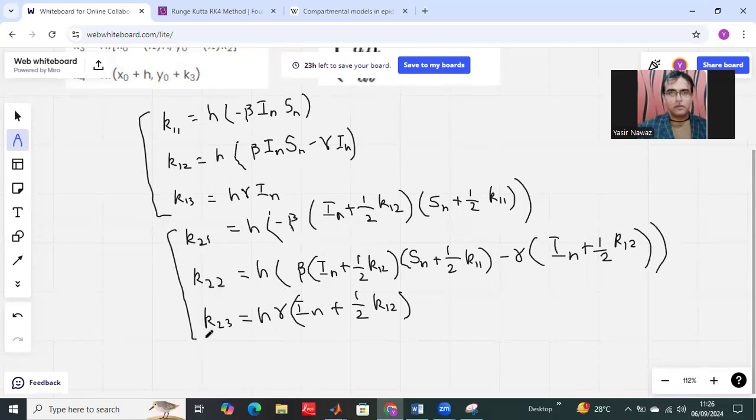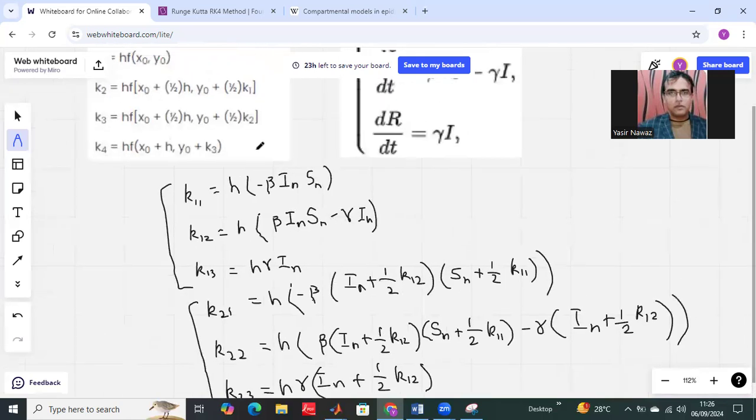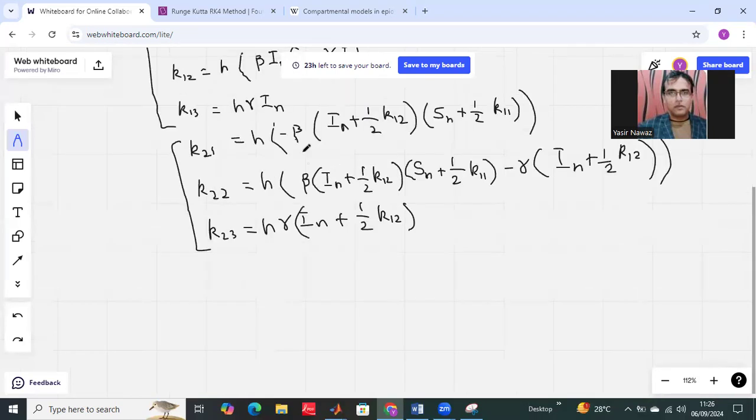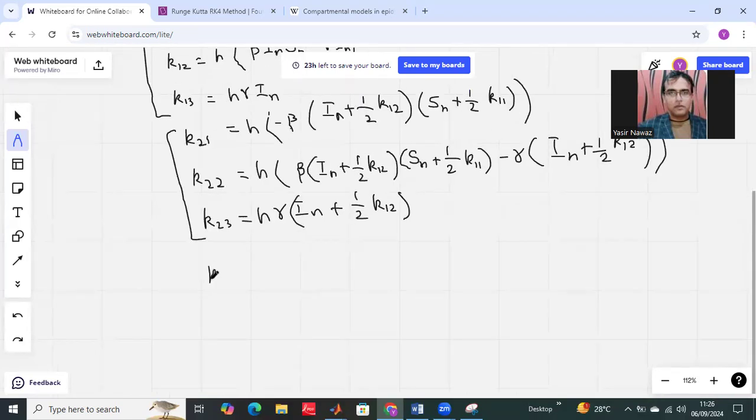This is the second stage for three equations. Now I will apply the third stage for three equations. For the third stage, y naught is Sn, and then half, and the k naught is the previous component. I write it as K31, when the third stage is applied on the first equation.